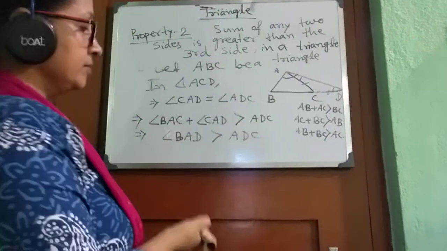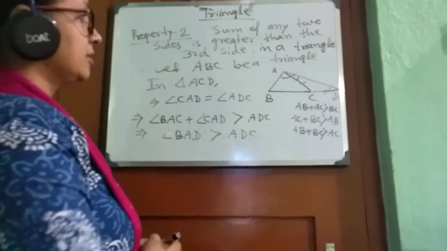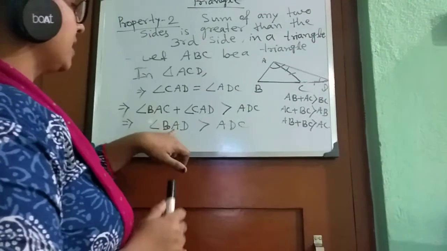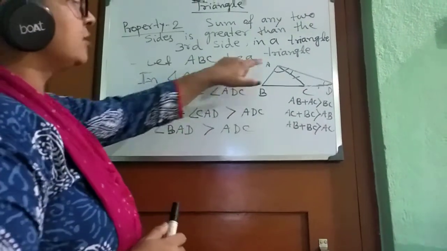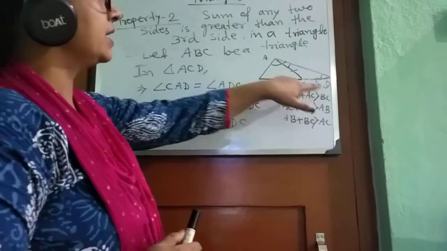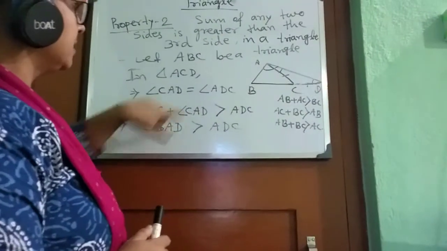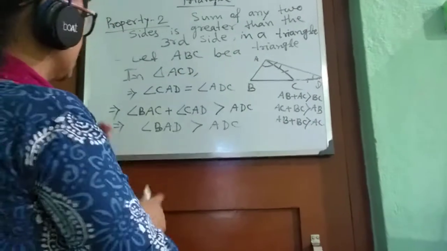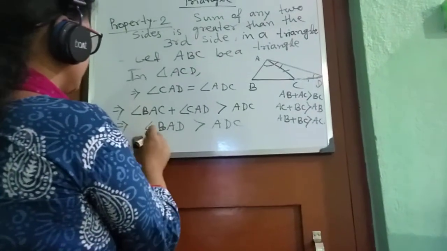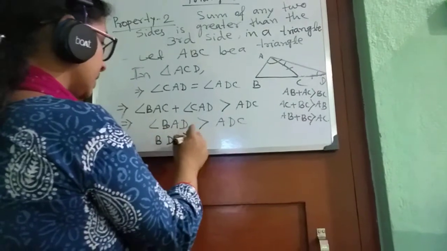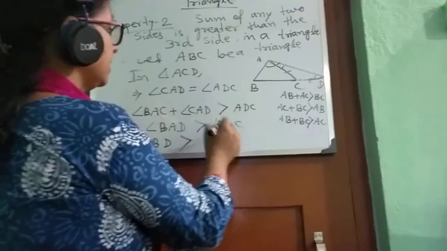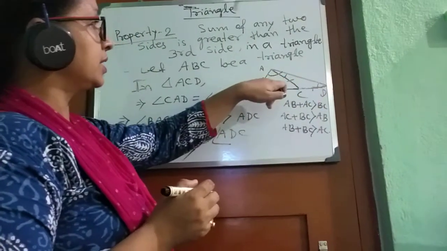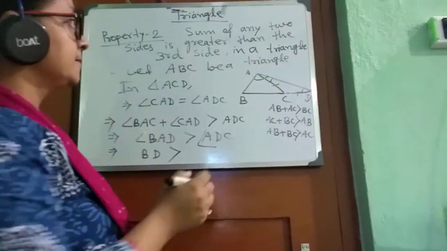And in the inequality theorem of triangles, we know that the greater the angle, the greater its opposite side. So for angle BAD, its opposite side is BD. So we can write BD greater than the side opposite ADC. Which angle is ADC? This one. Its opposite is AB.